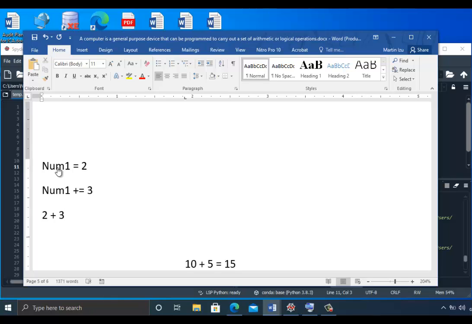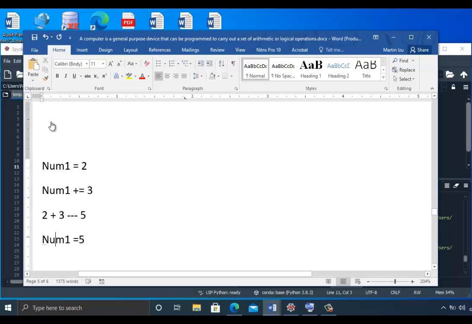It will evaluate 2 plus 3, which will give us what? 5. What the processor will do next is assign the value 5 to what? num1.